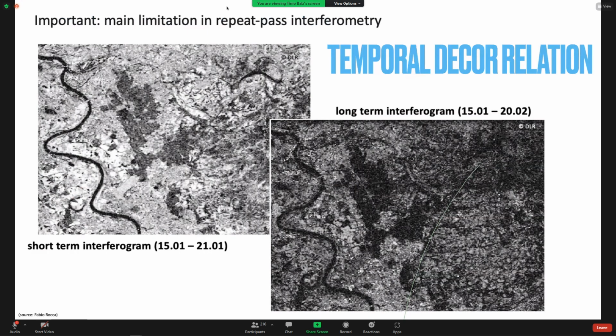And then we can make such maps. The temporal coherence loss that we see is very, very strong. You see here that after a couple of days, you already lose a lot of coherence.